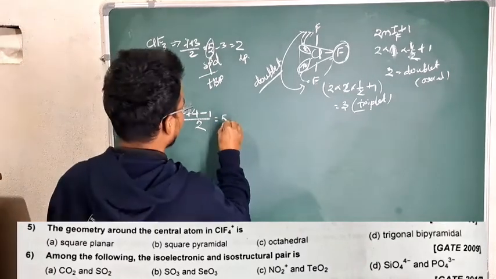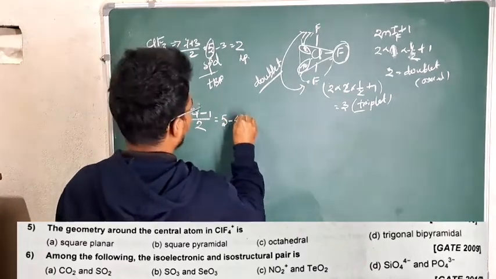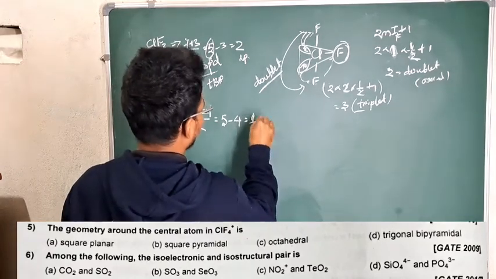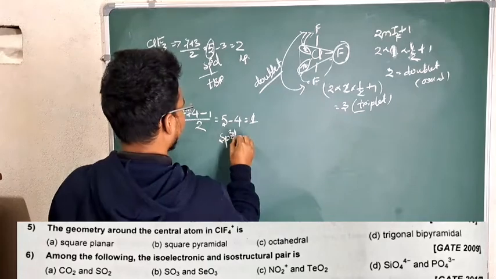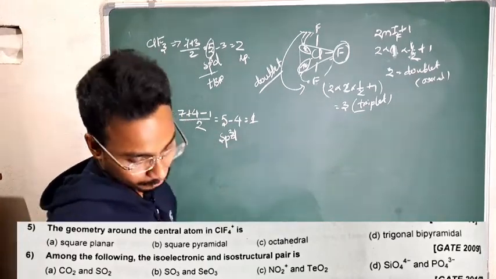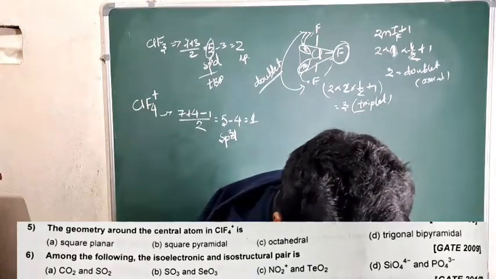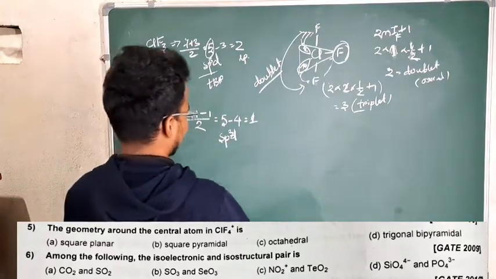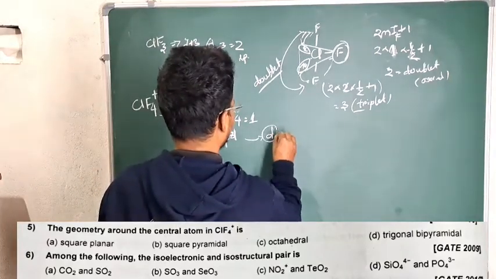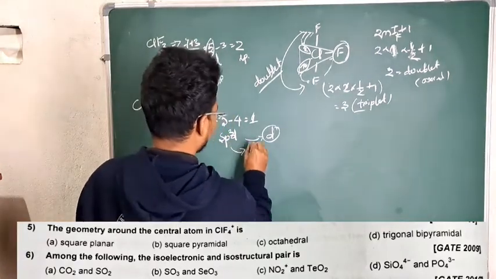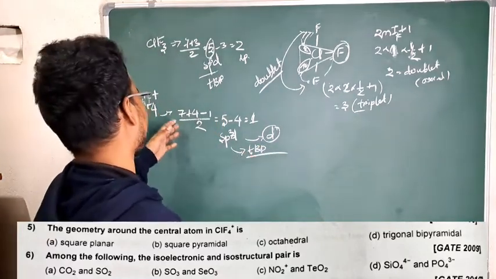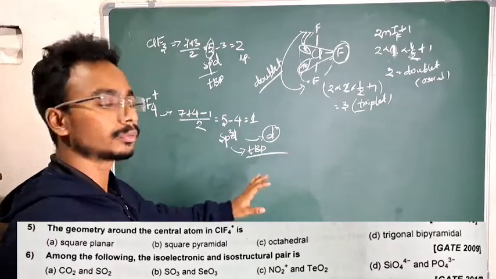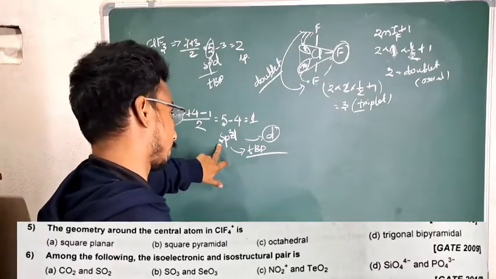So 5, and 4 bonds means 1 lone pair, and 5 means sp3d, trigonal bipyramidal. Option D will be the answer, trigonal bipyramidal, because they are asking about the geometry. Geometry will be according to the hybridization, so it will be TBP.